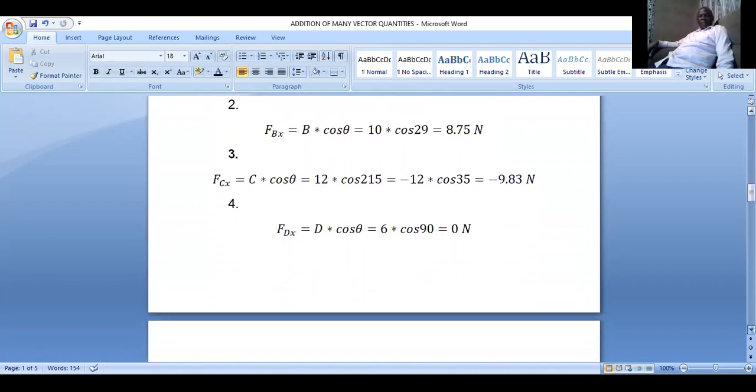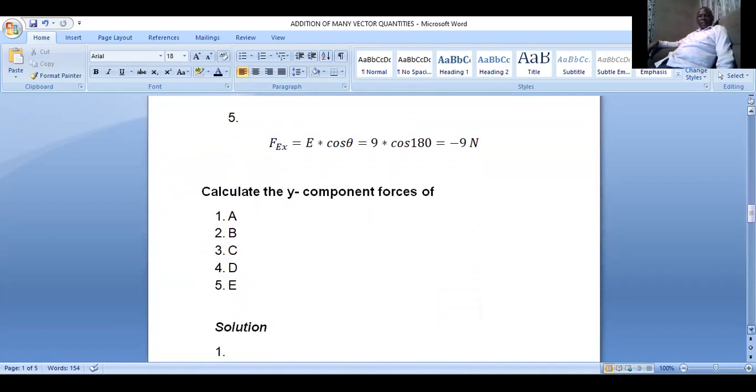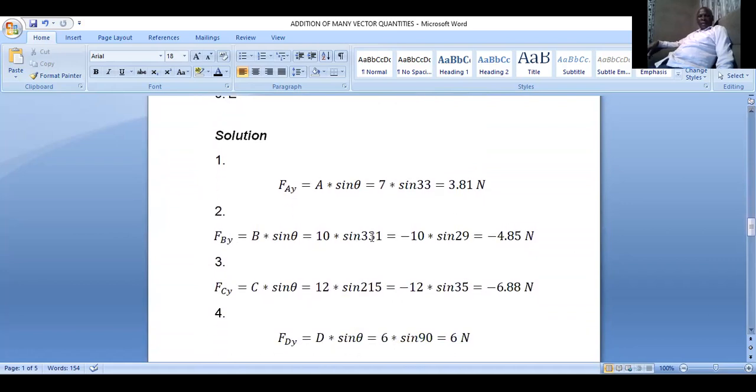So it gives us 331, which is the same as merely getting that same angle, which is 29, and then you will know that this one is oriented in the negative y-axis, which gives us negative 4.85 newtons.